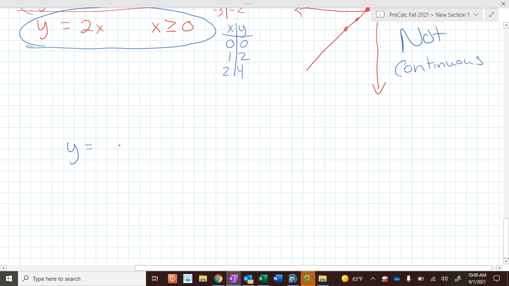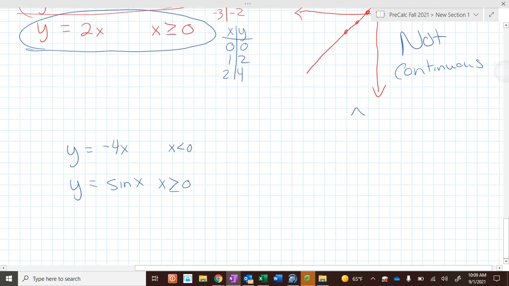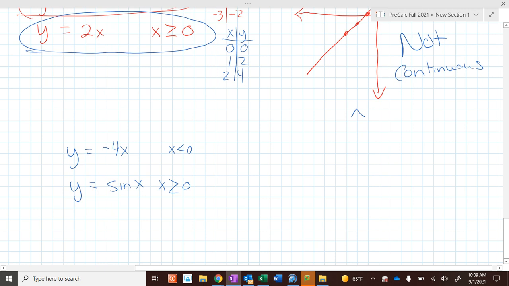Y equals -4x if x is less than 0. Y is equal to the sine of x if x is greater than or equal to 0. Let's look at those two functions. Well, actually, I'm going to do this on Desmos once, just to show you what Desmos looks like.